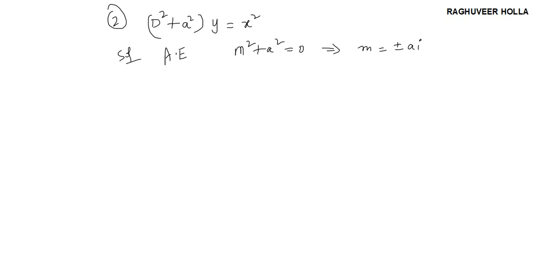So the complementary function yc is c1 cos ax plus c2 sin ax.